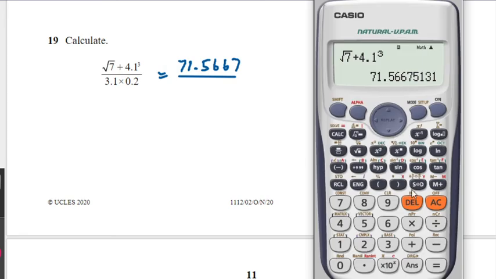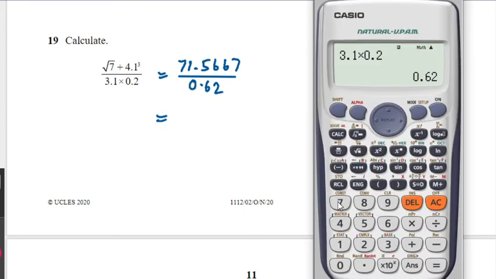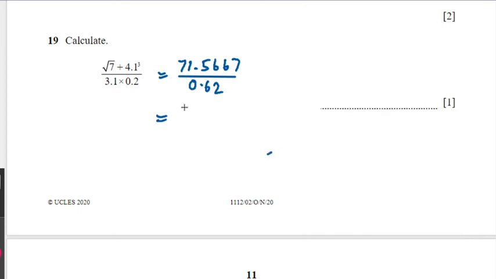Over, we find the denominator 3.1 times 0.2. So you will get 0.62. And then this one will give you 71.5667 divided by 0.62. You should get 115.43. Okay? 115.43.